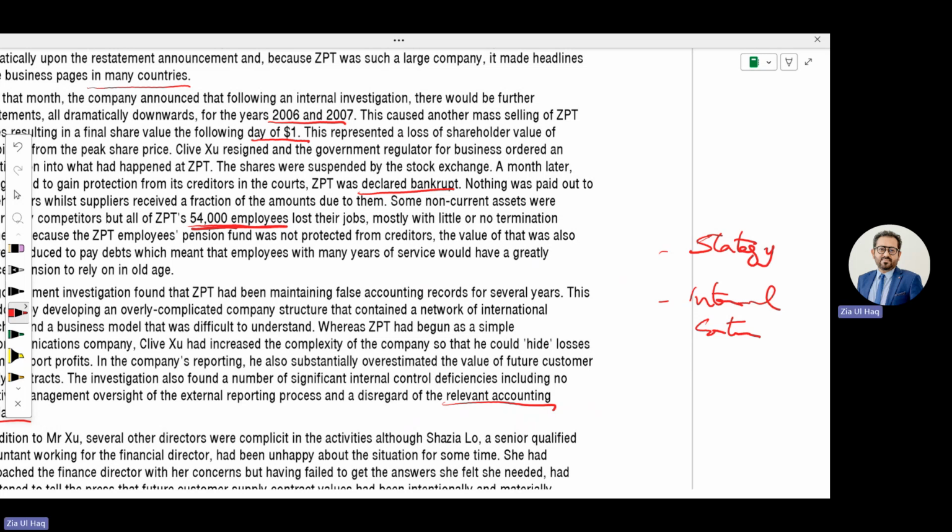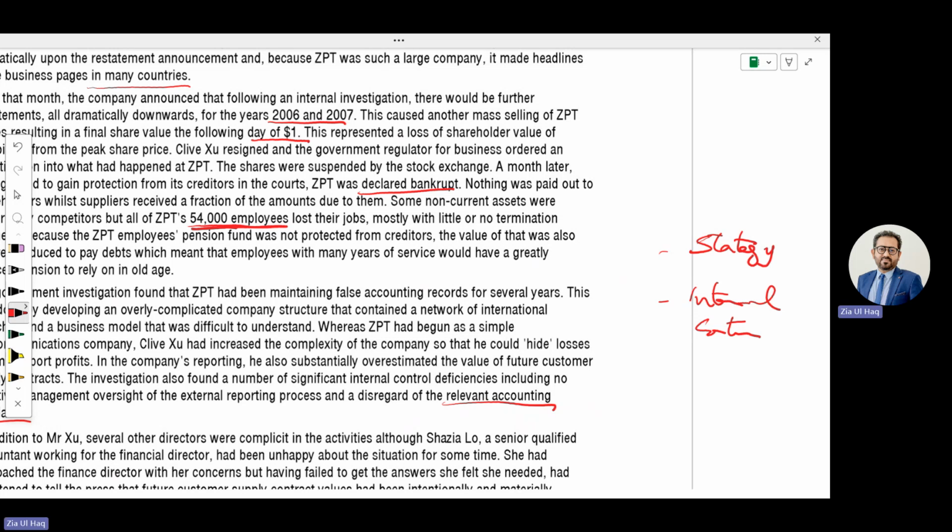And the main shareholder confidence was lost when Clive Shoe didn't pay back the $20 million bonus, because that was the stamp that there is fraud rather than error. He overstated the result just to get his bonus. Not only him, other directors as well.